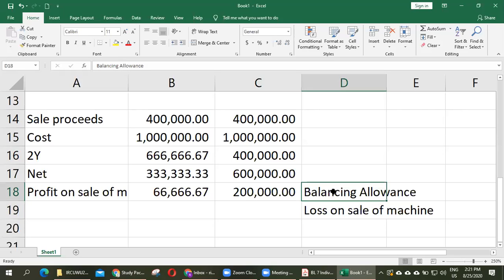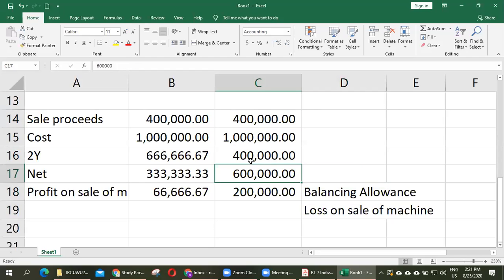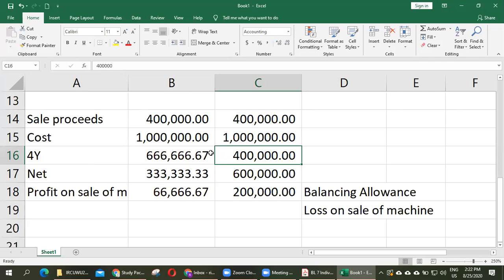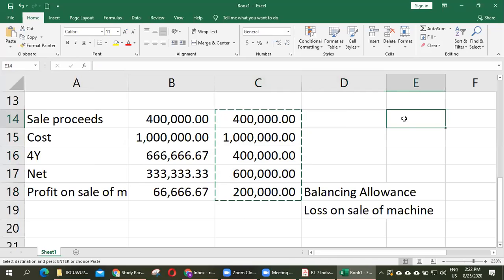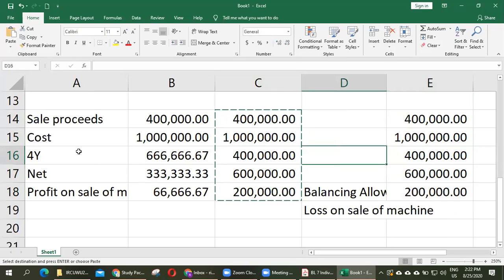Right. If it is profit, say for the same example, it has been used for 4 years. Then how much now depreciation? How much? It has been used for 4 years now.